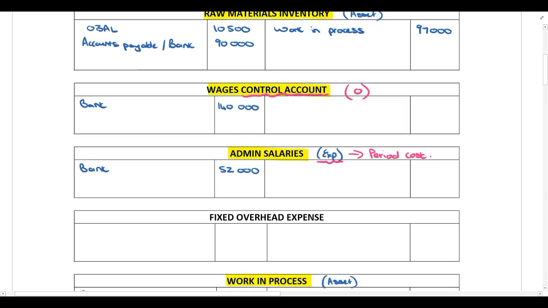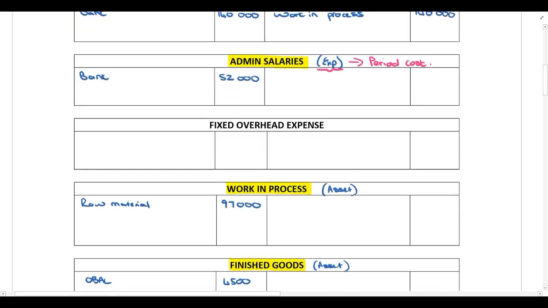I need to credit my wages control account with 140,000 rand so that this balances to zero. And I'm going to take this to work in process because I'm allowed to include the cost of my direct labor in the value of inventory. So we are going to debit work in process. We credit our wages control account.